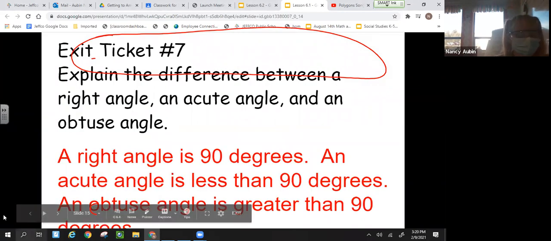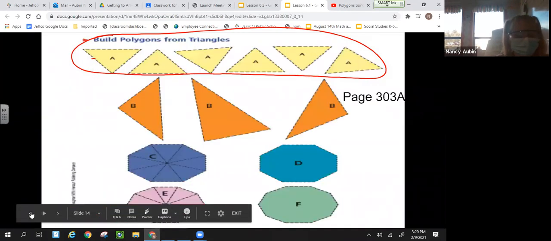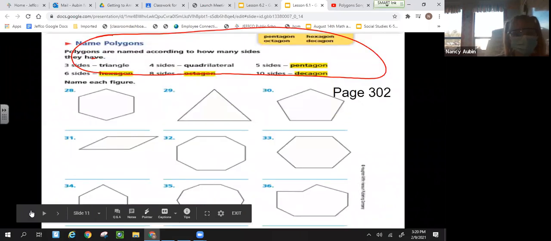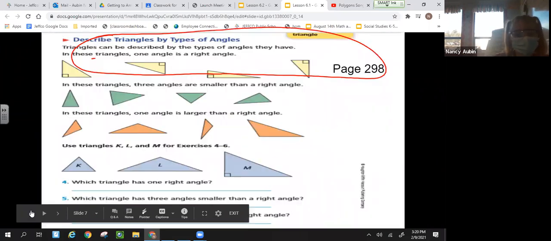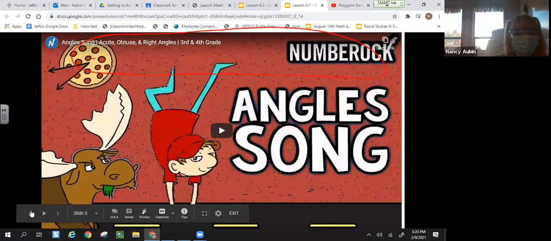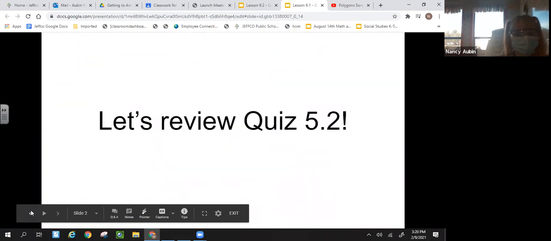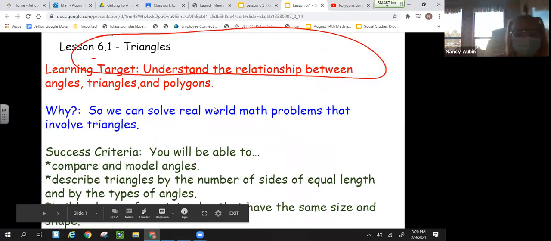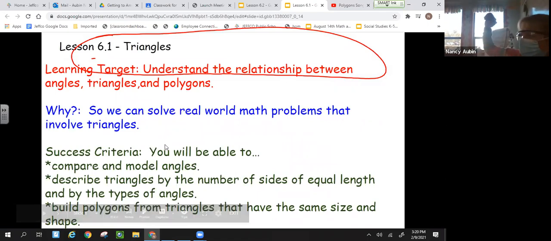So let's go back to our learning target. And I know I've got ink on there, sorry. How are we feeling about our success criteria? How do you feel about angles? Give me a thumbs up, thumb in the middle, or thumb down. Just about angles, right angles, obtuse angles, acute angles.